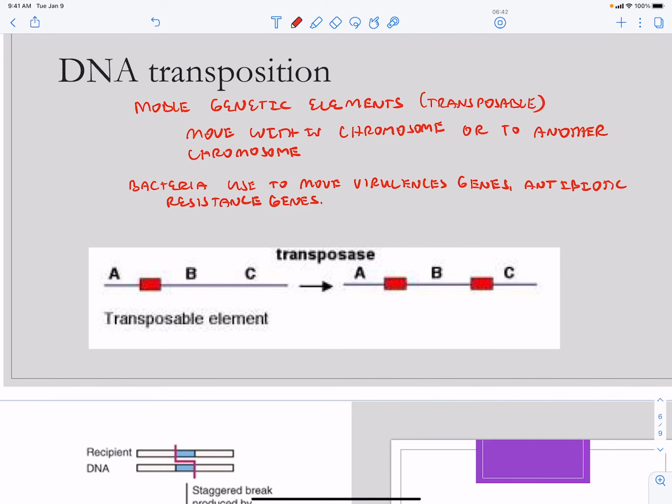And one thing that prokaryotes have that we don't is genetic elements called plasmids, which are self-replicating genetic elements. A lot of these transposons will move these types of genes within plasmids that can then get passed from bacteria to bacteria. And you can quickly make a colony of bacteria resistant to an antibiotic, for example.